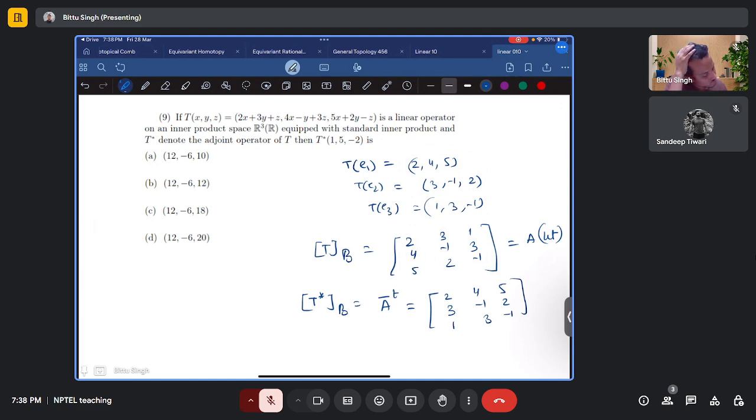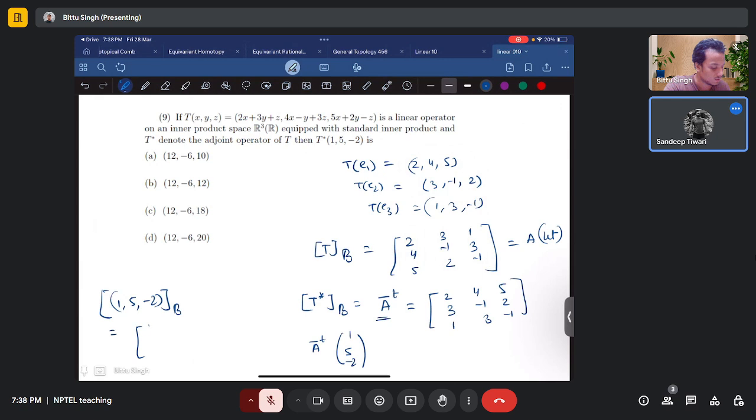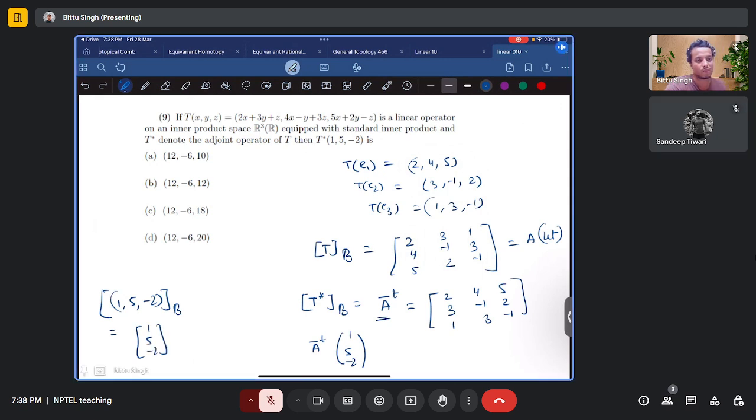Now we apply A bar transpose on (1, 5, minus 2). Note that though these look the same because of our choice of standard basis, we are actually applying this matrix on the coordinate triple. That gives the answer to your question, independent of the choice of basis.